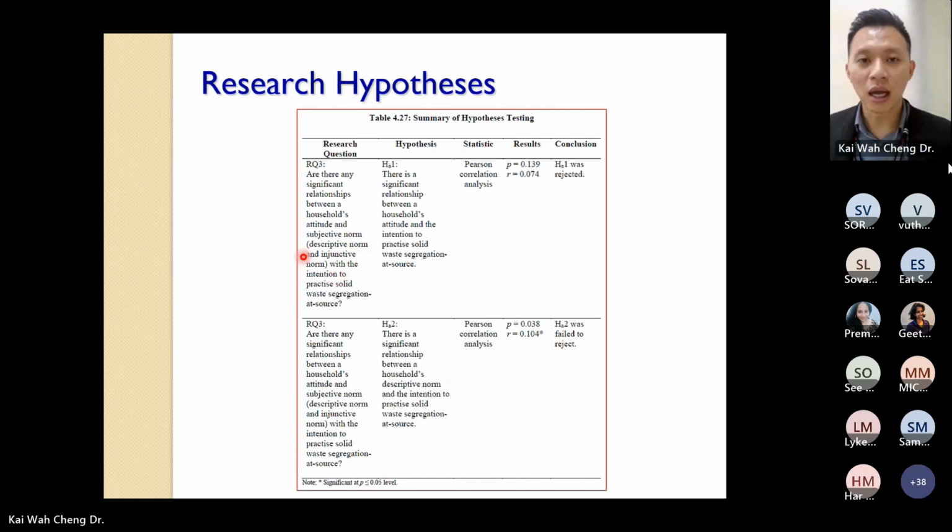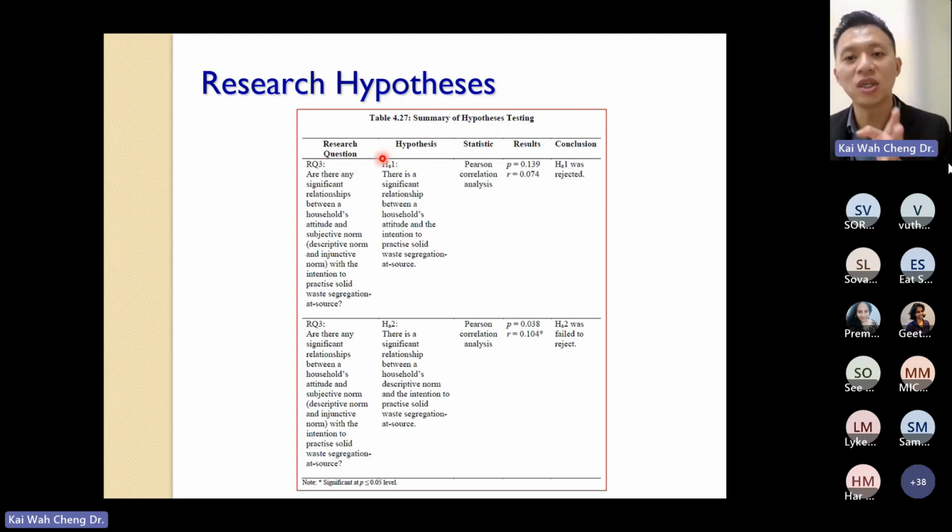If you understand this table, I hope you realize that research question, research objective, and research hypothesis are aligned with each other. It should be consistent. This is an important element for us to identify whether a hypothesis statement is significant or not significant if you are conducting a Pearson correlation analysis.